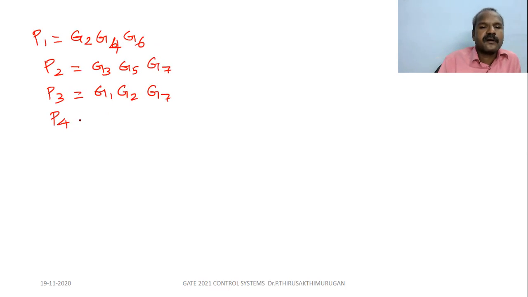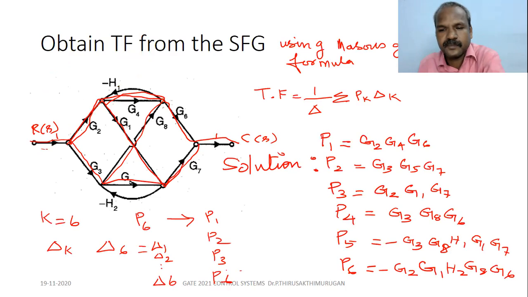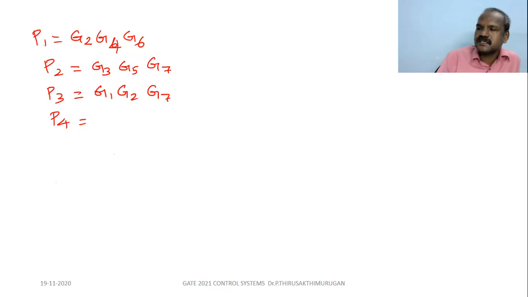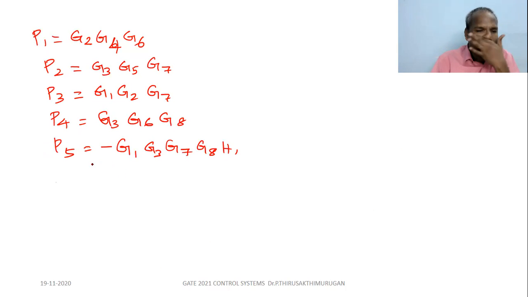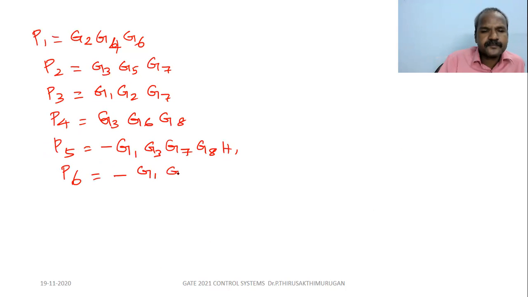P4 is G3, G6, G8. P5 is minus G1, G3, G7, G8, H1. P6 is minus G1, G2, G6, G8, H2.